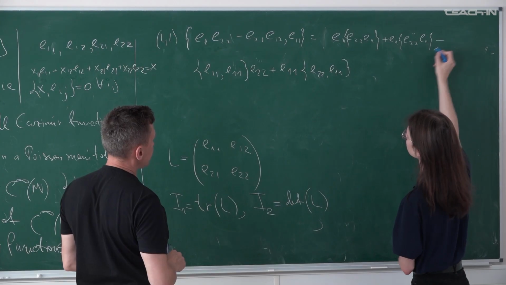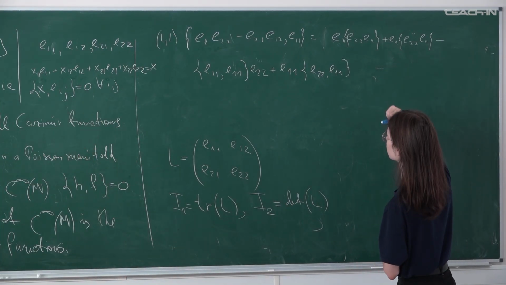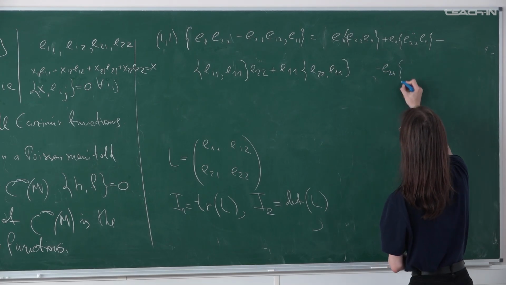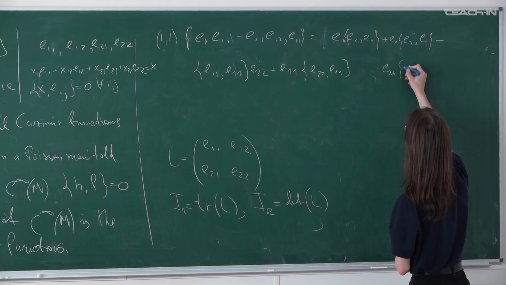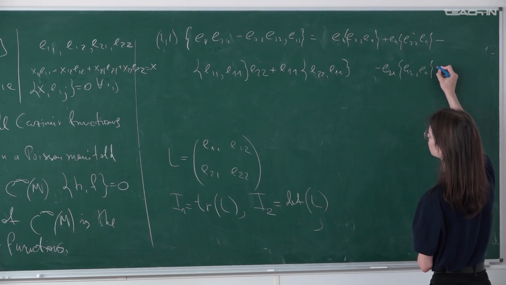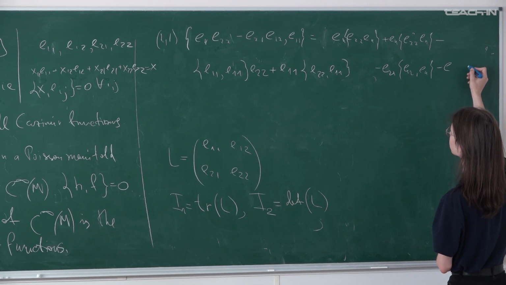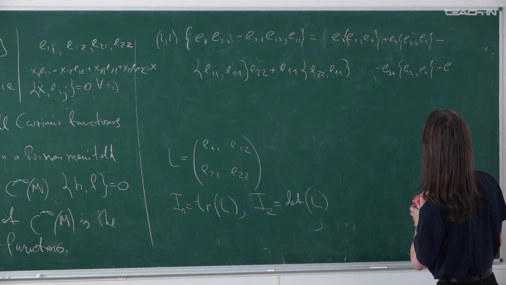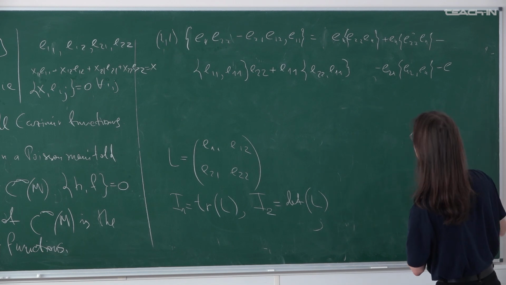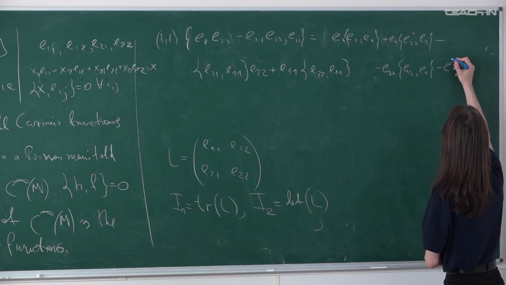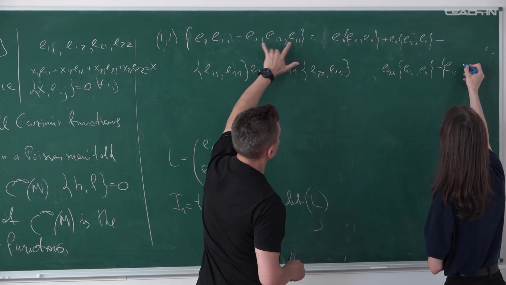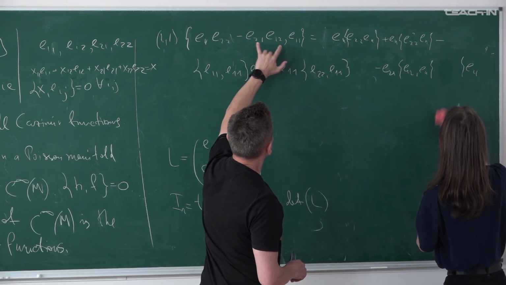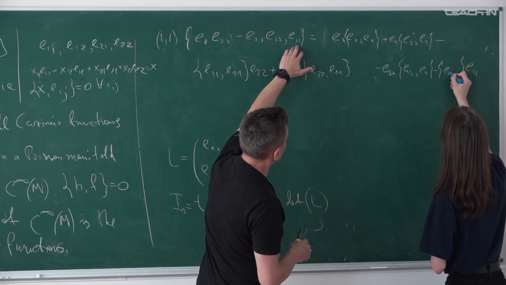E12 times the Poisson bracket of E21 with E11.